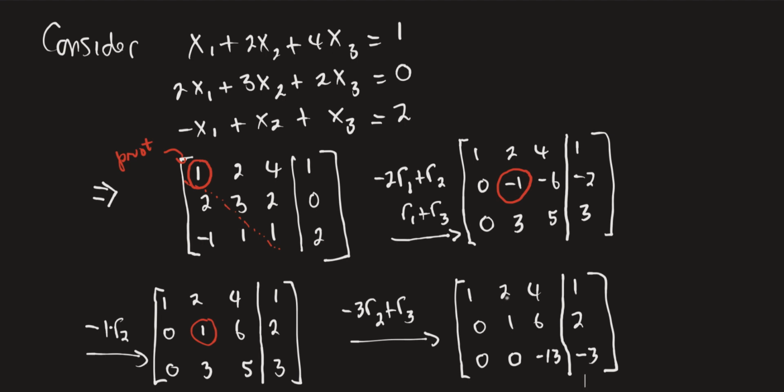And now we can use our back substitution. Here's another instance where, when you get more comfortable working with linear systems, we know that we're solving for x1, x2, x3, right?